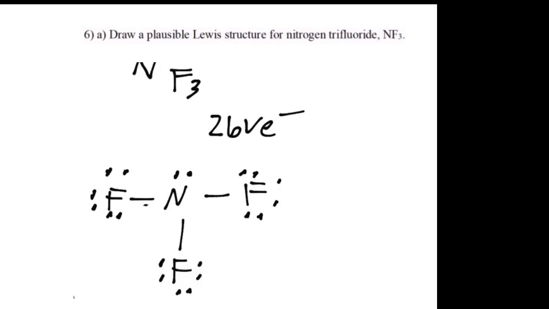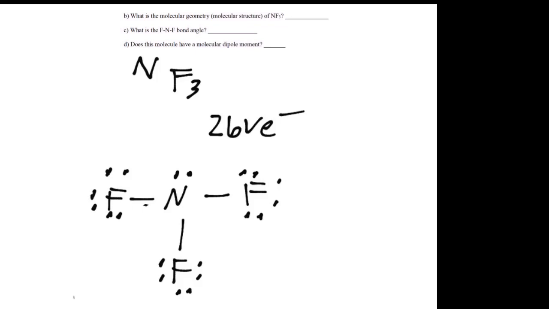Now we look at parts B, C, and D of this question. Part B says, what is the molecular geometry of NF3? So if we want to know the molecular geometry, we notice that we have 1 lone pair. I know we have a chart for this in our book. We have 1 lone pair, and we have 3 bonded atoms to the center. So that is important to note.